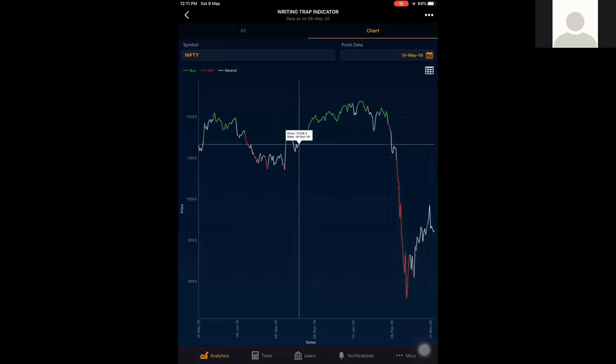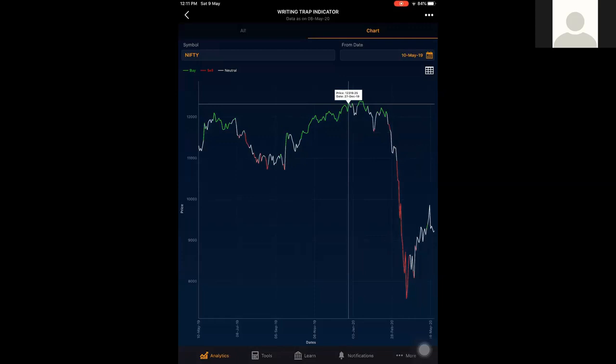Similarly, on the long side, the trade came on 18th March at 11,475, and continued until 12,300 on 27th December.